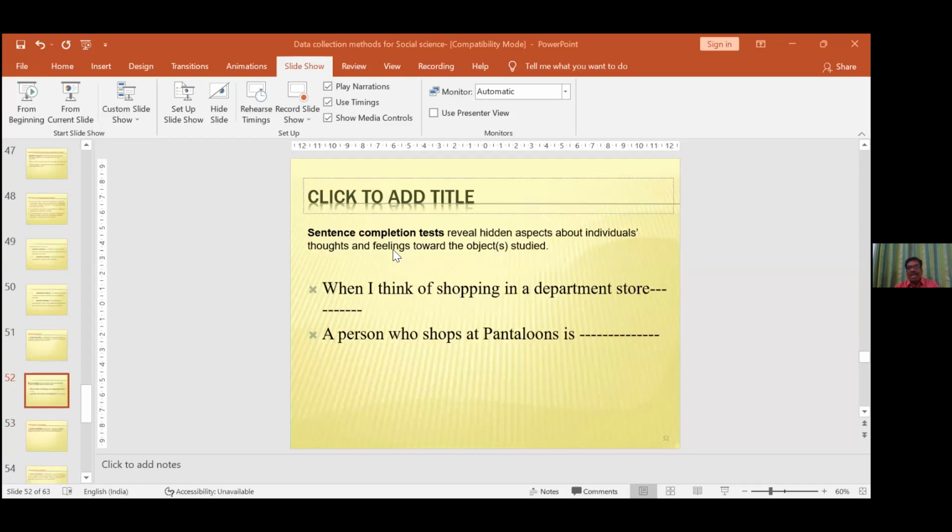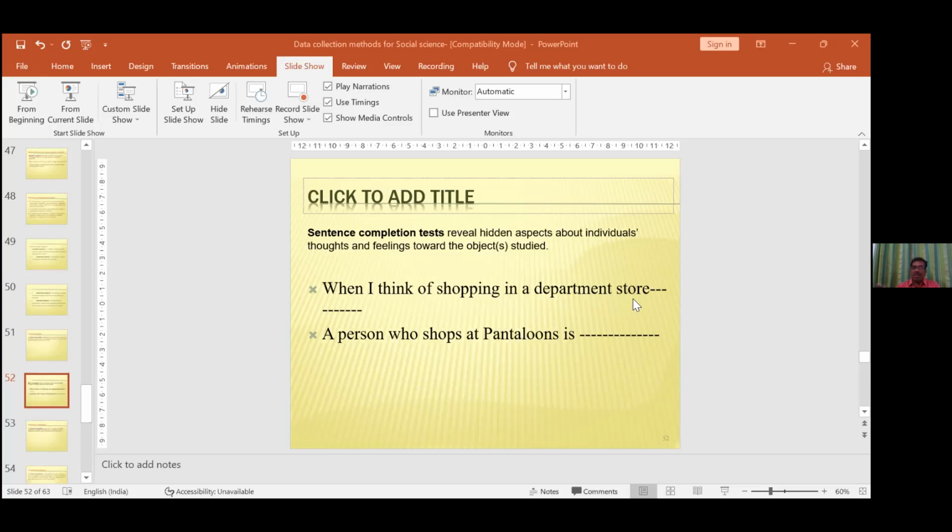Next one is sentence completion technique. What is sentence completion technique? Say for example, one sentence will be given. When I think of shopping in a department store, which department store comes to your mind? You may be asked to write which department store, or otherwise, the person who shops at Pantaloon is intelligent.